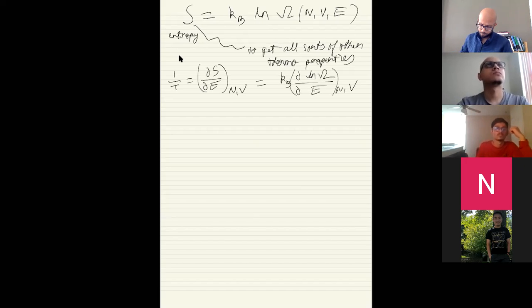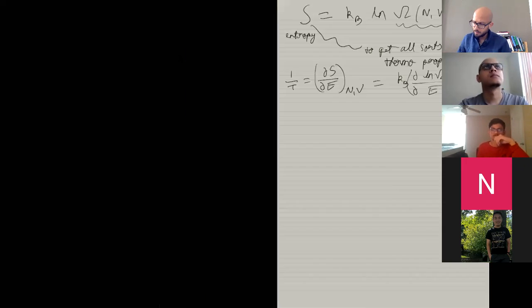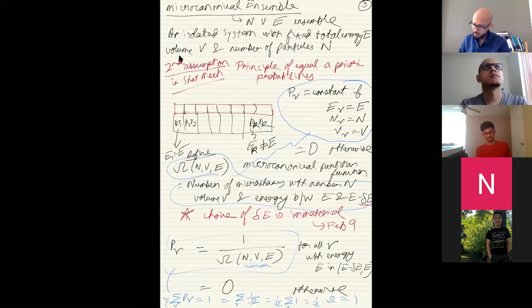Now, this is an interesting point to think about what this implies about temperature and also get a bit of intuition into omega. So omega, remember what is omega? Before you get lost, omega is the number of microstates with number N, volume V, and energy just around E, in the vicinity of E. And right now I told you that how tight this shell is around the vicinity of E won't matter.